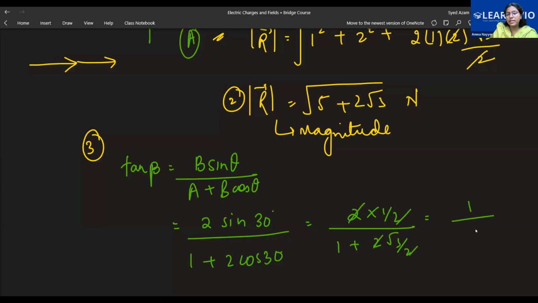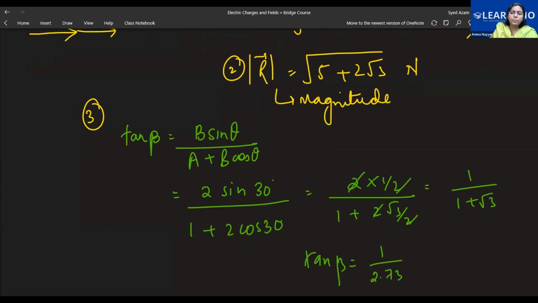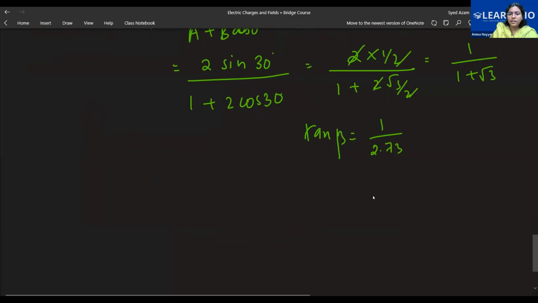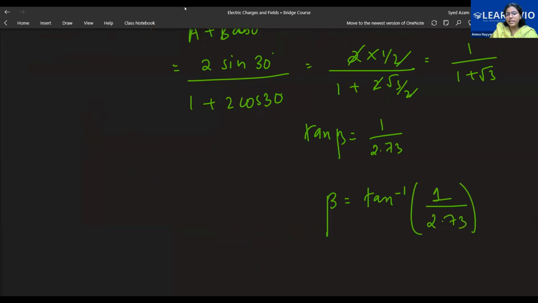This is equal to 1 by 1 plus root 3. So beta will be tan inverse 1 by 2.73.